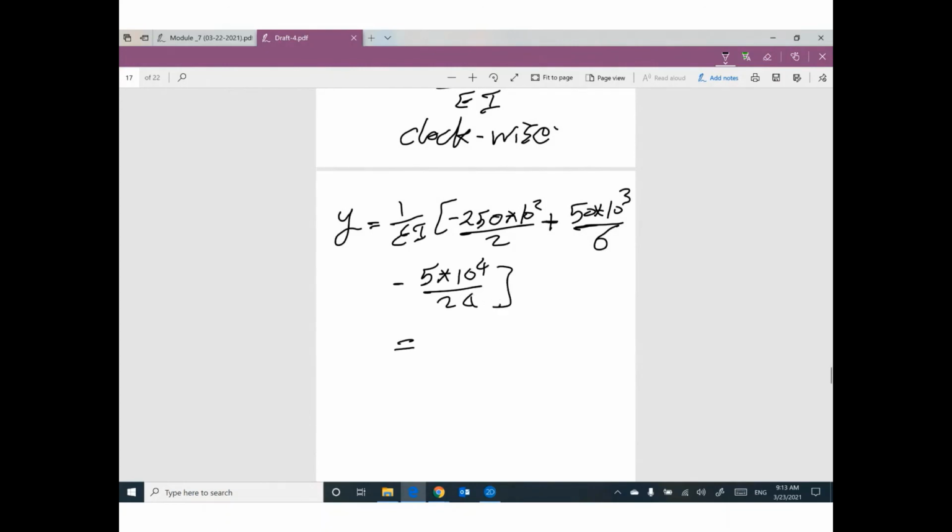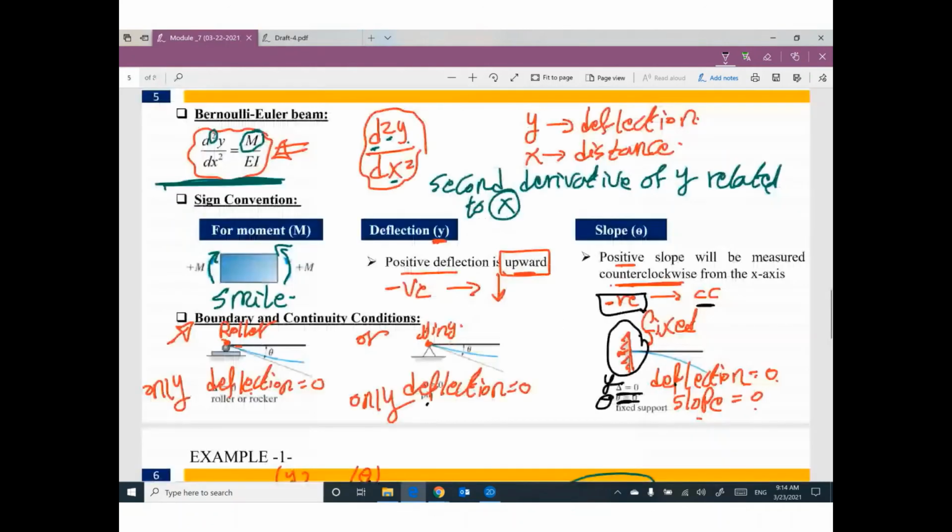What is the value? Negative 6,250 over EI. The value of y is negative, that means this point moved down. As I told you, if your deflection is negative, that means the point moved down. If the deflection is positive, that means the point moved up.